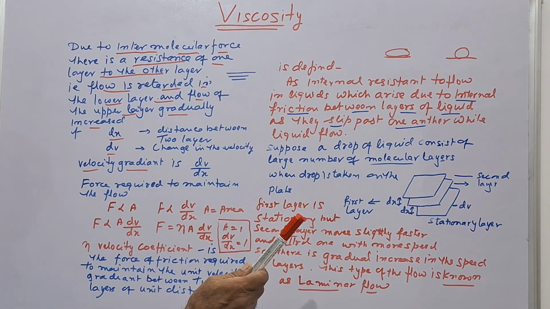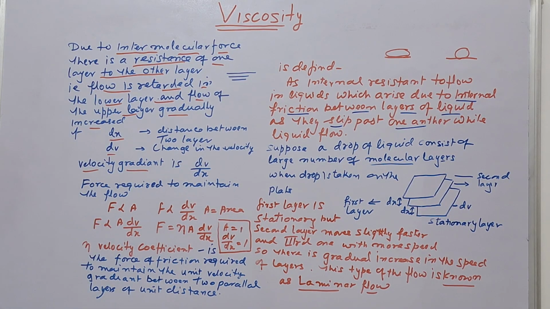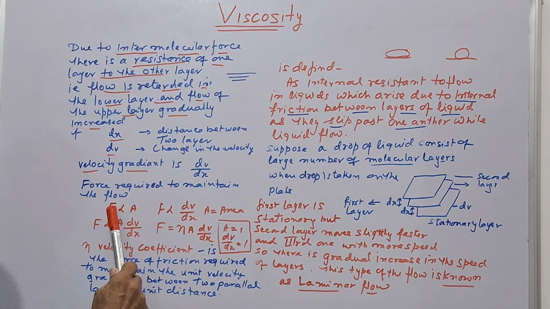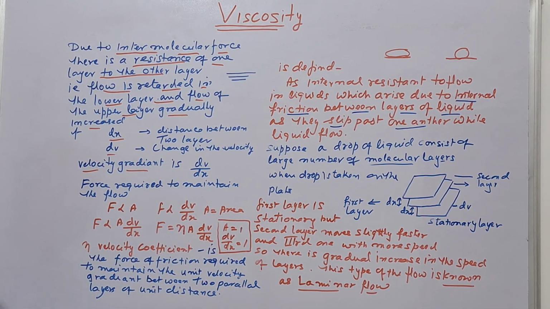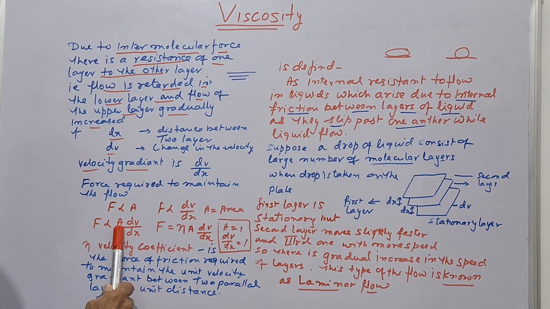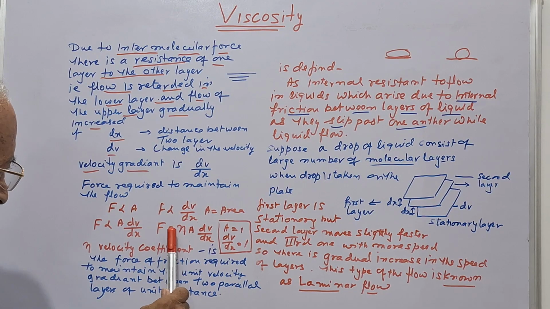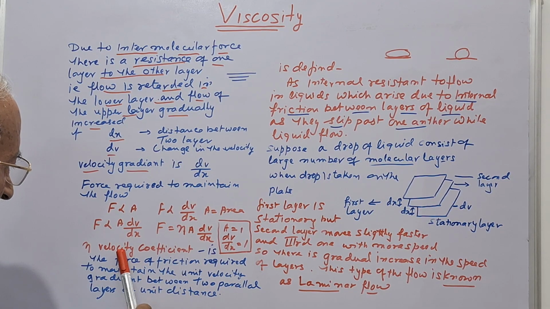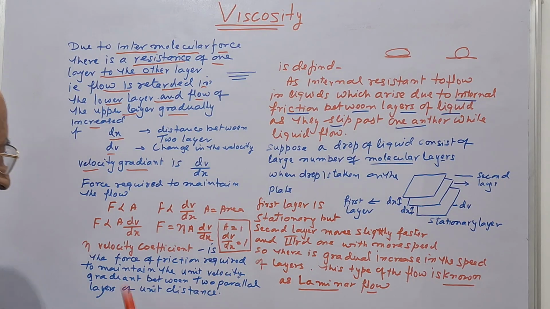Now some force is required to maintain the flow. So force is directly proportional to the area, and force is directly proportional to the velocity gradient. Then force is directly proportional to area and the velocity gradient, or we say that force is equal to the coefficient, that is the velocity coefficient, times area times dv upon dx.